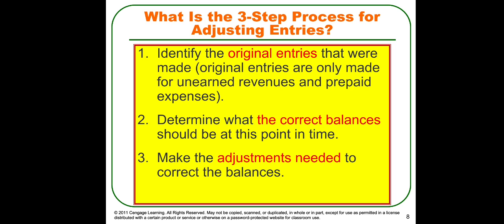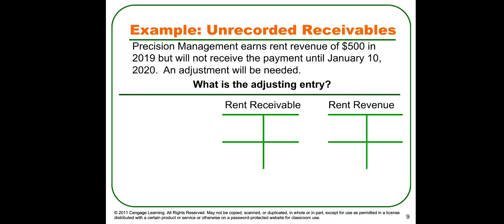The second step is you have to determine what the correct balances should be at this point in time. You have to know what is the correct amount for one account when you close the account. Okay, later you will see the detail. Number 3, make the adjustment needed to correct the balances. Okay, these are the 3.